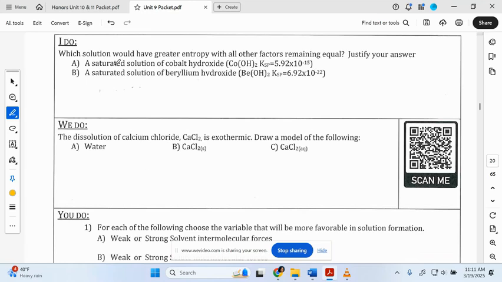So our first question here: which solution is going to have greater entropy? We have one here with a Ksp of 10 to the negative 15 and one at 10 to the negative 22. Which one's going to have more entropy?